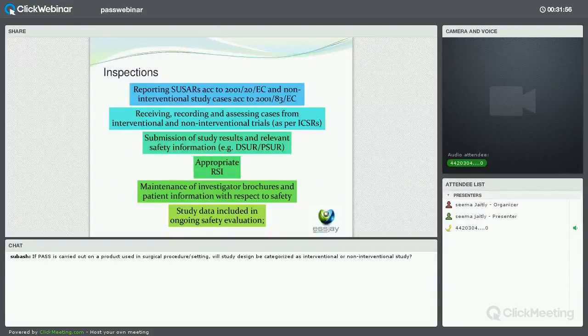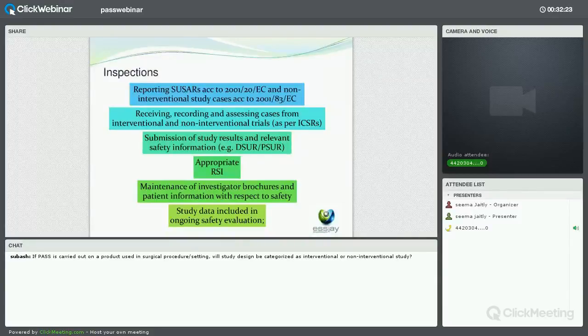If PAS is carried out on a product used in a surgical procedure setting, will the study design be categorized as interventional or non-interventional? So if it's a surgical procedure, if it would have been used in that setting anyway, there's no change to clinical care, there's no pre-decision as to what treatment that patient is going to receive based on a protocol of some kind, that would be non-interventional.